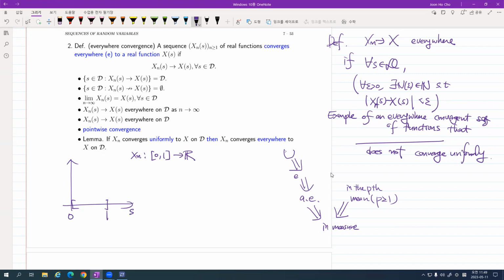Let's say our x of s is simply this simple function. And what I do is define x_n as a non-uniformly convergent function.